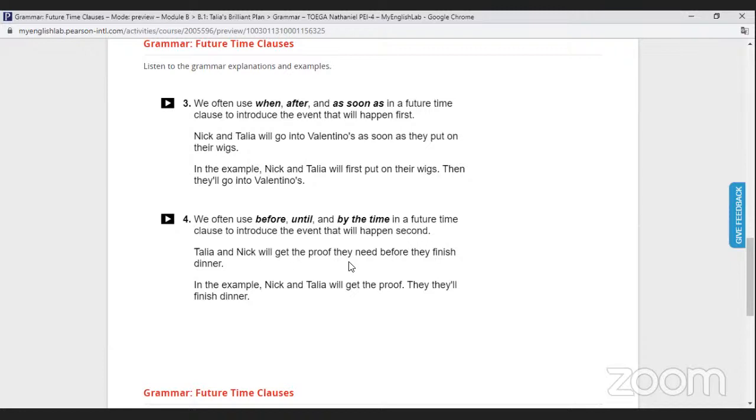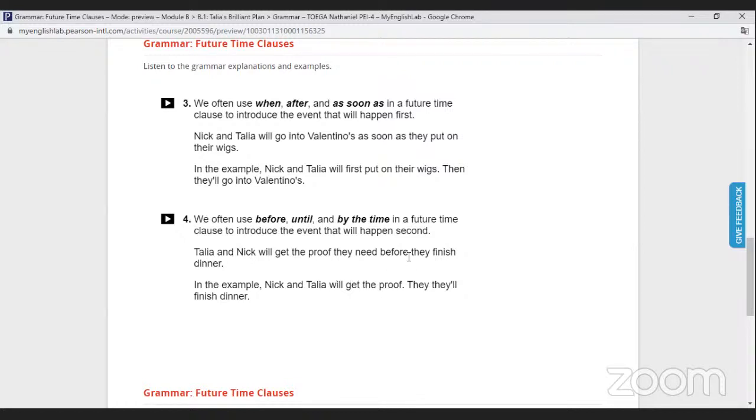In the example, Nick and Talia will get the proof. They will finish dinner. Okay, very good. Is there a repeated word there? They will finish dinner at the end.